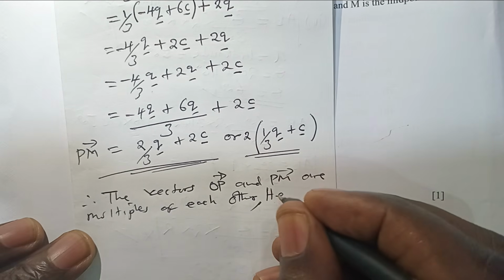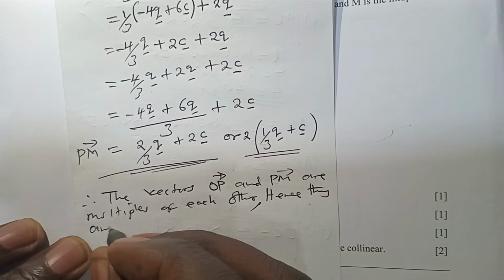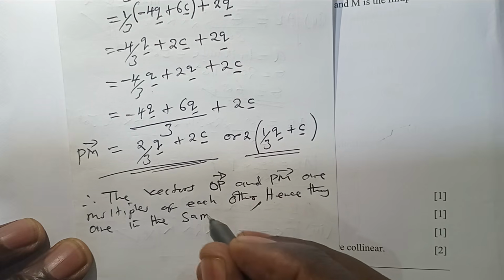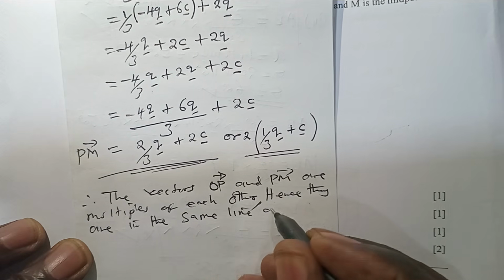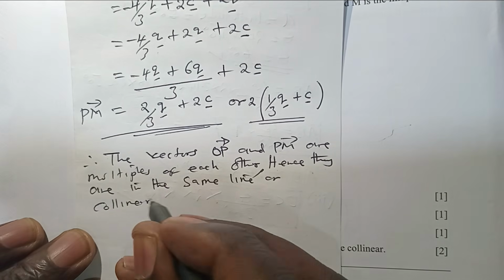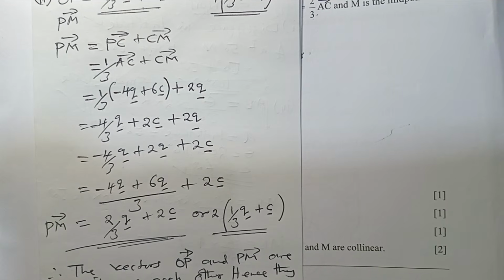Hence, they are in the same line, or they are collinear. So this is how we show that the points are collinear.